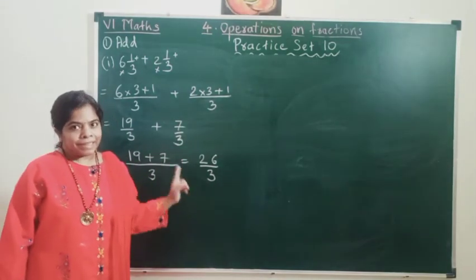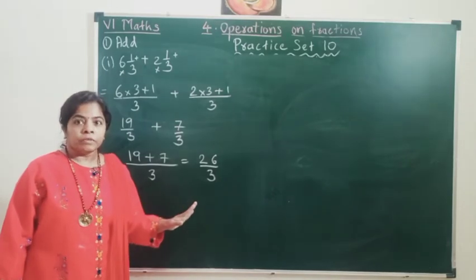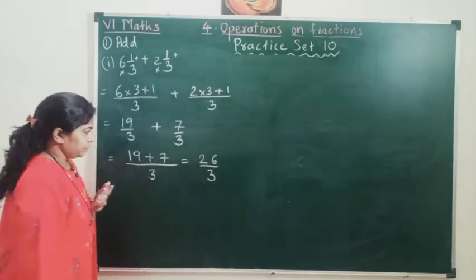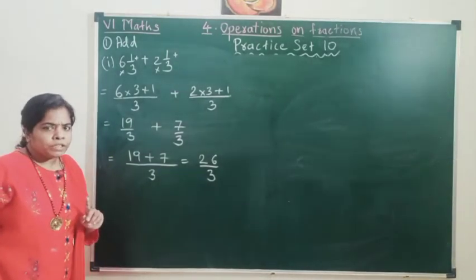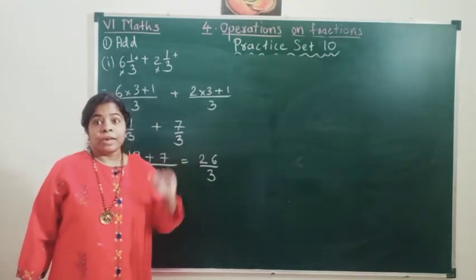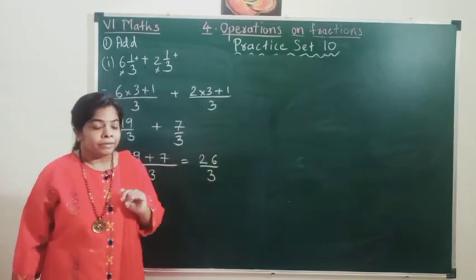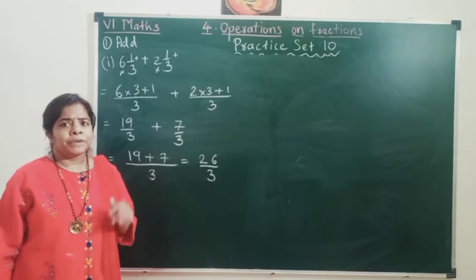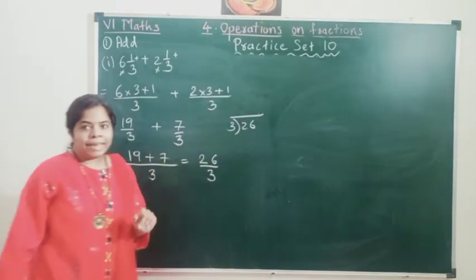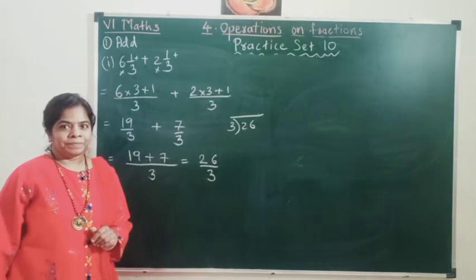You can keep it like that also, or you can convert it into mixed fraction. It is your choice. If you want to convert it into mixed fraction, we'll have to divide these two fractions and then we'll have to write the quotient and the remainder. Let's write it in the mixed fraction also. 3 8s are 24.